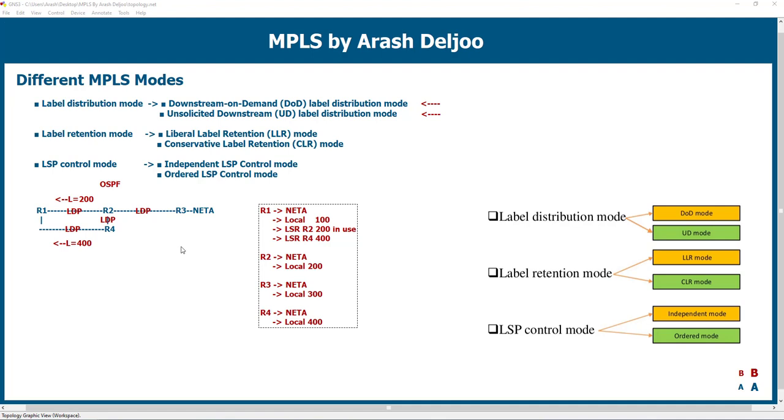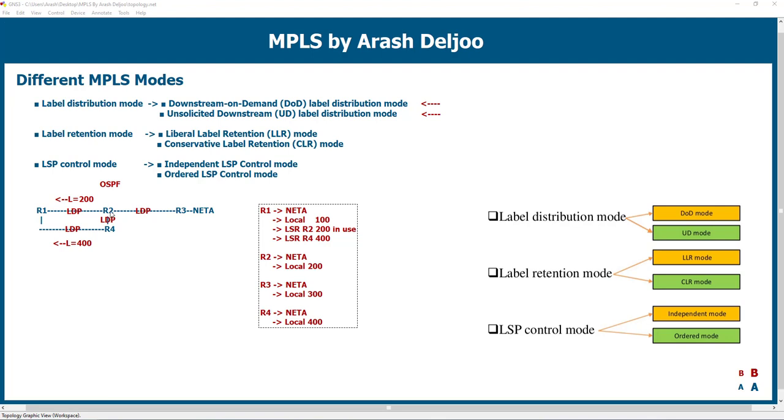Let's review the topic. Label distribution mode. The MPLS architecture has two modes to distribute label bindings. First, Downstream On Demand or DoD label distribution mode. Second, Unsolicited Downstream or UD label distribution mode. In the DoD model, the first method, each LSR requests from its next hop.